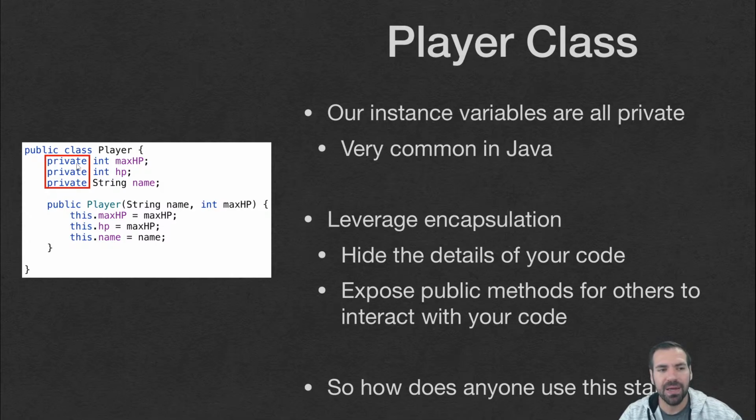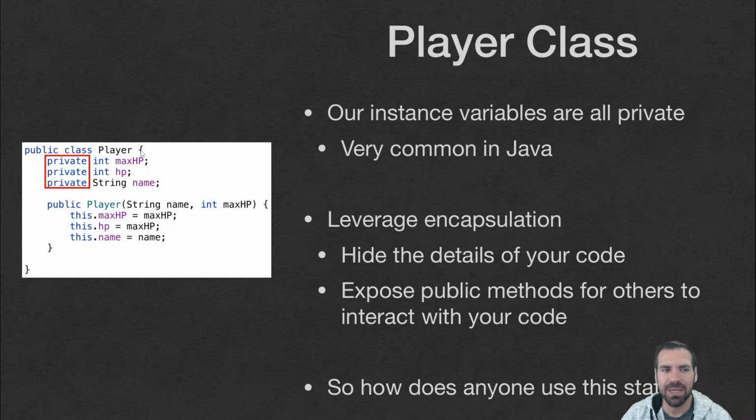So private means that anything that's private, which can be variables or methods, can only be accessed from code within that class. Inside these braces, I have an open brace and a closed brace defining the class.